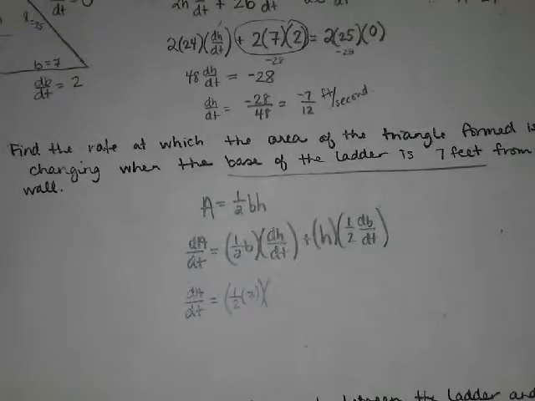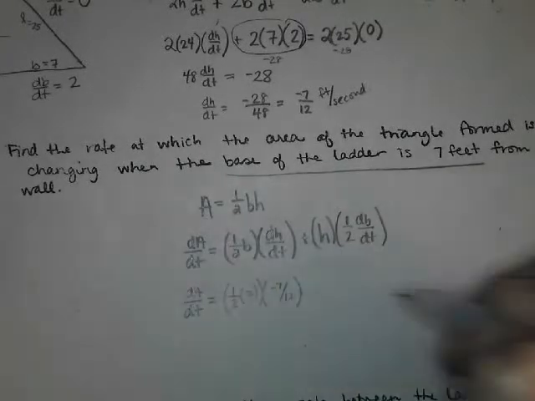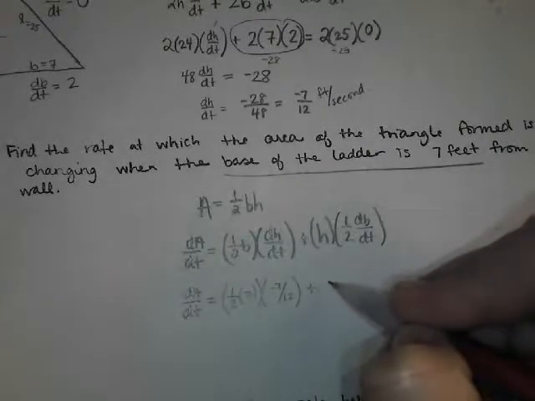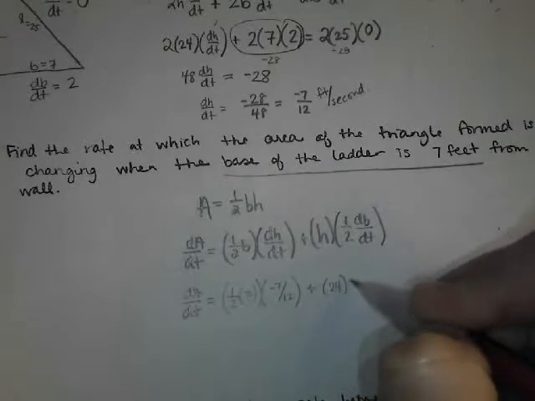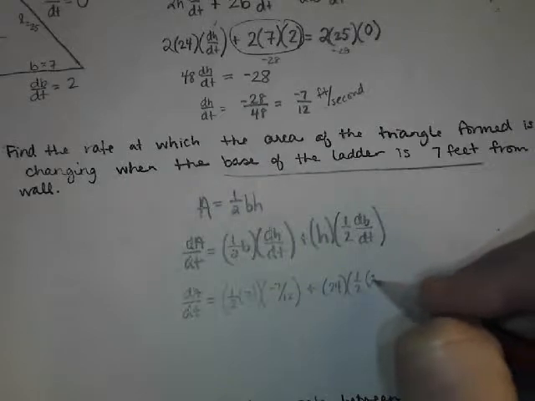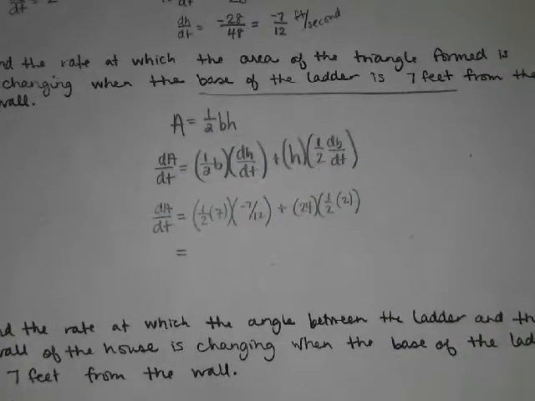Negative 7/12, so we found it in part 1. Plus, what's H? 24. And 1/2, what's dB/dt? Good. So we do have it all. We don't need any side projects here.